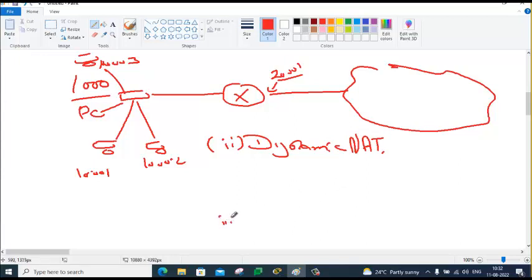And the third type we are going to learn is called dynamic NAT overloading. See, both of these solve the same problem. What problem? You no need to buy 1,000 IP addresses. Even if you have one IP address, you will be able to manage.